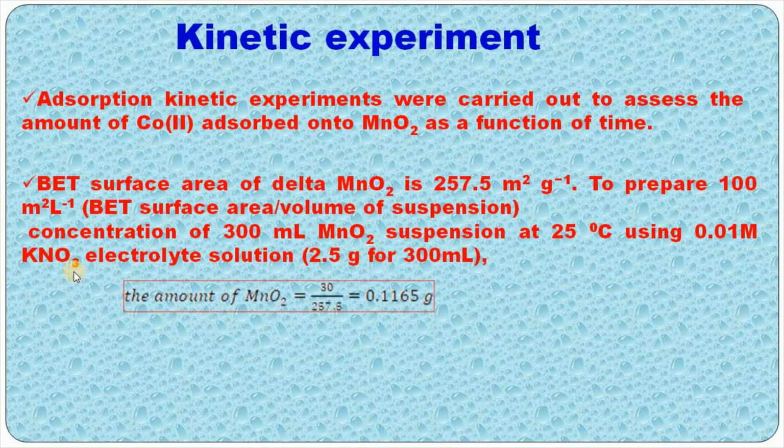You can also use sodium nitrate electrolyte solution. Therefore, the amount of manganese dioxide is 0.1165.